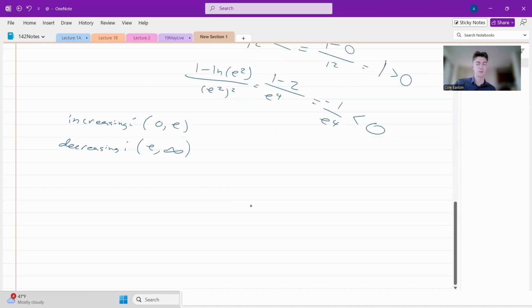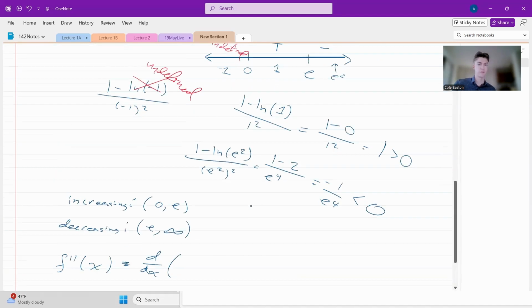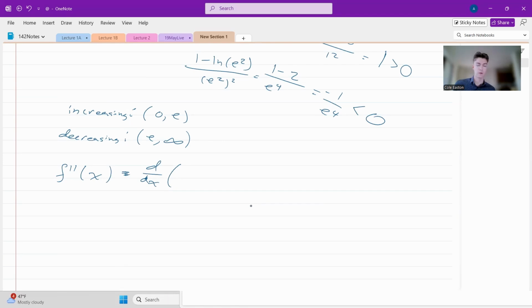So now we want to take the second derivative. So f double prime of x is the derivative with respect to x of the first derivative, and our first derivative is 1 minus ln x over x squared. Using the quotient rule, the derivative of the top: the derivative of 1 is 0, the derivative of negative ln x is -1 over x.